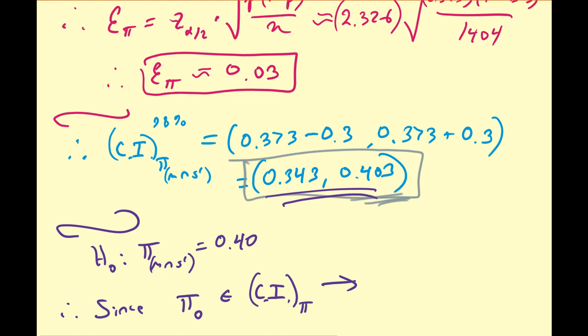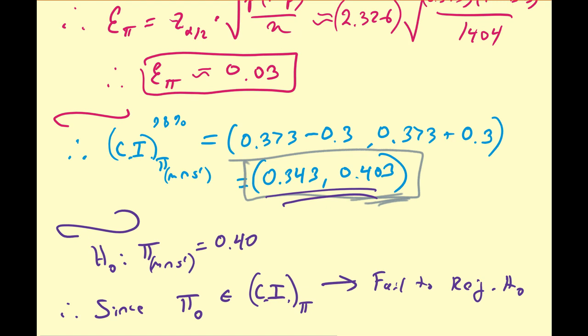So I do not have enough evidence to reject the null hypothesis. I'm going to fail to reject the null hypothesis because I'm 98% confident that the proportion should be in here, which doesn't really disagree with what they say.